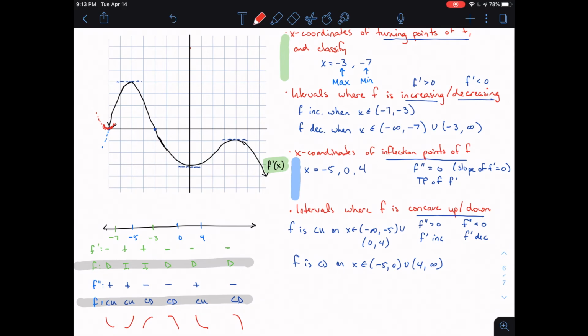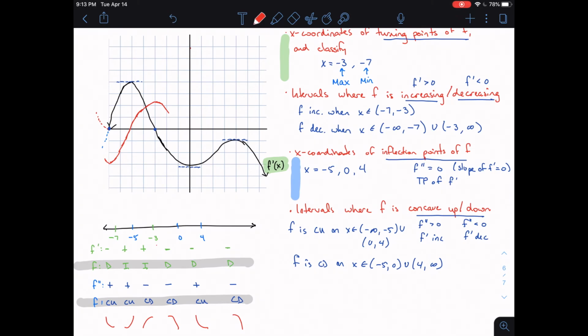So maybe if I start to work this out and then I get to around -5-ish, maybe leave myself a little more space. So start a little bit lower, I guess. And somewhere around -5, I need to change concavity until I get to -3. You see around -3, I'm going to change concavity again. So I'm just going to kind of do one of these until I change concavity again.